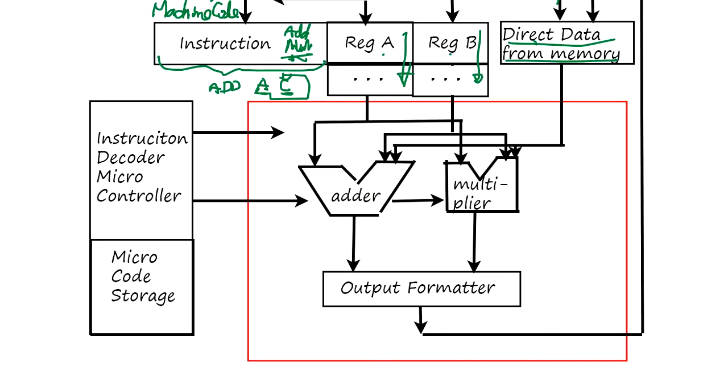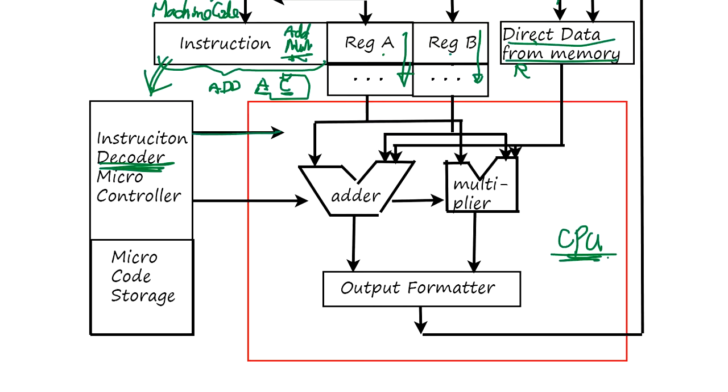So this is a CPU inside, the so-called core of the CPU. The data comes from either a register or another temporary memory, the register from the memory, and the instruction is decoded.